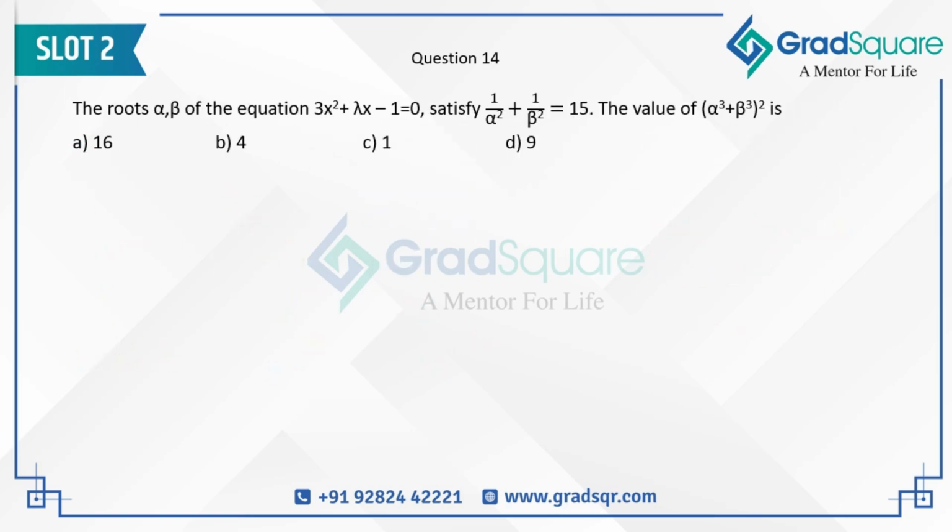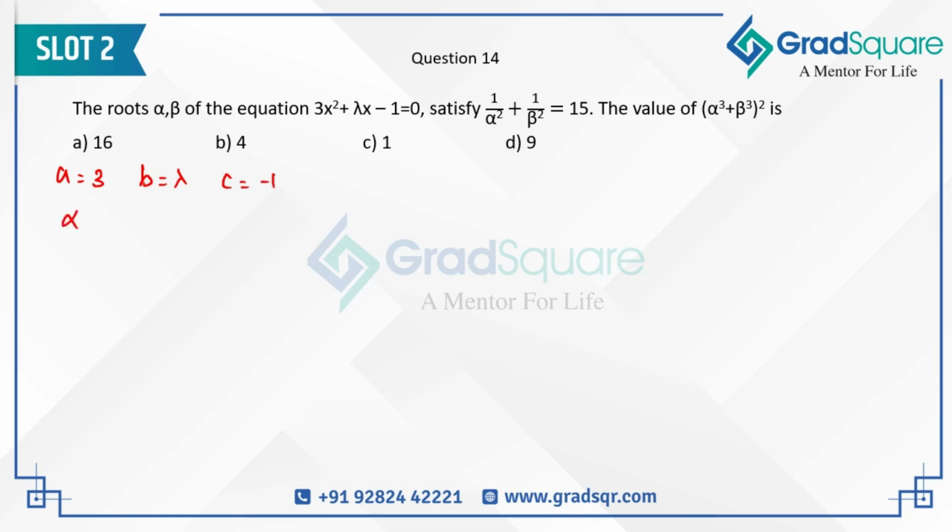Now in this question, the roots alpha, beta of the equation 3x square plus lambda x minus 1 equal to 0. If alpha and beta are the roots of the given quadratic equation, comparing with the general form of the quadratic equation, I can say A is equal to 3, B is lambda and C is minus 1.